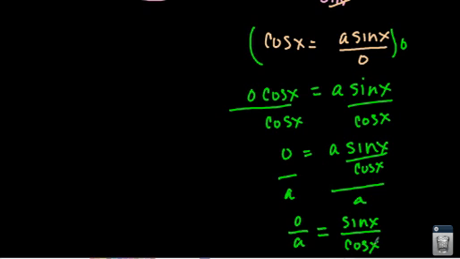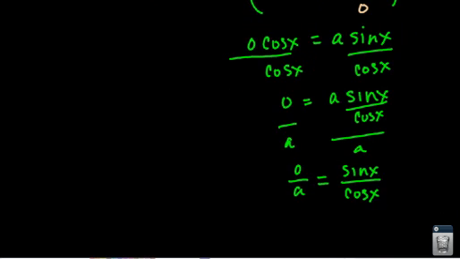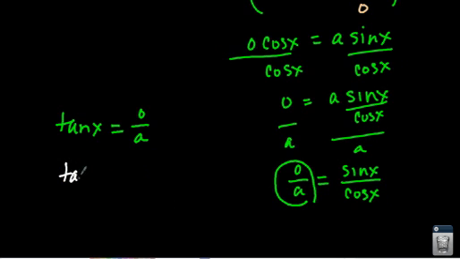You might be wondering why I made you do all of this algebraic manipulation. Well, here's why. The tangent of x is equal to the opposite over adjacent. I have opposite over adjacent here, and that equals sine divided by cosine of x, so mathematically I can go ahead and substitute sine of x divided by cosine of x.